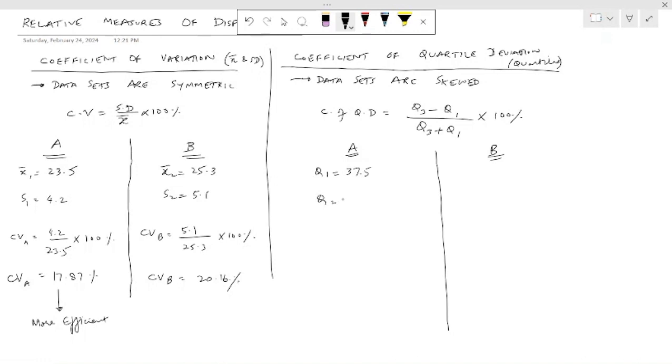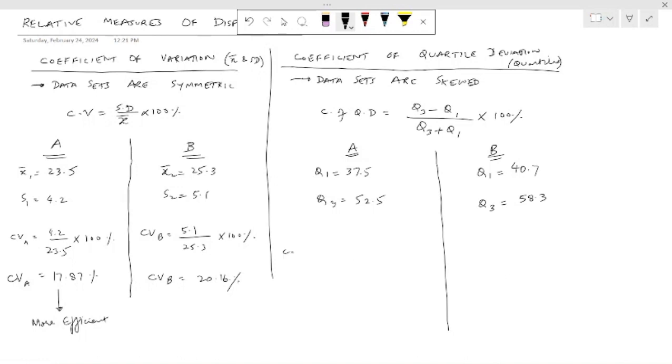Q3 for worker A, let's assume that it is 52.5, and Q1 for worker B, let's suppose it is 40.7, and Q3 is equal to, let's suppose, 58.3.